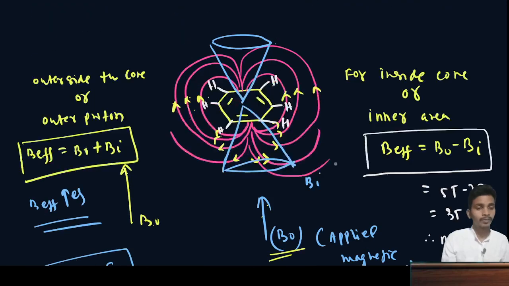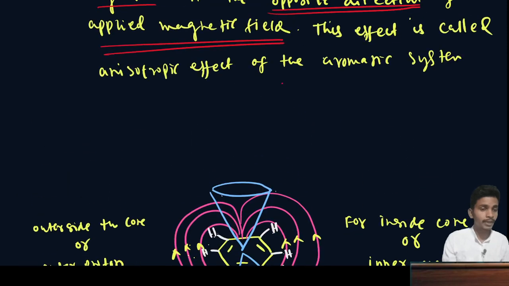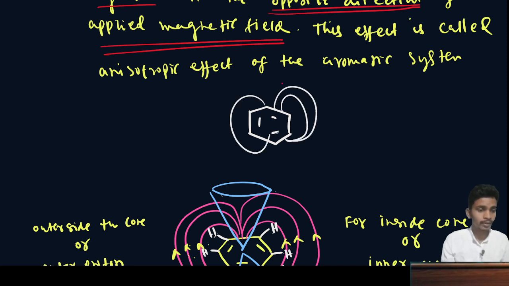Okay, because all these protons are outside the cone. Previously, I have drawn the aromatic systems in this way, and the cones I drew like this, which says that one proton is inside that cone.